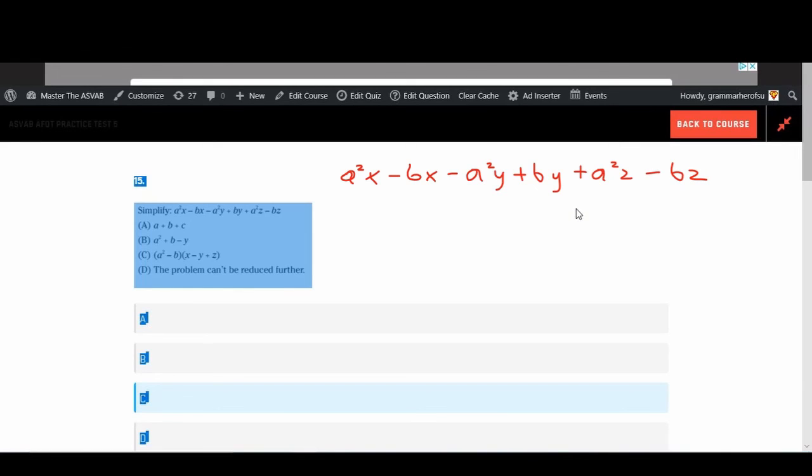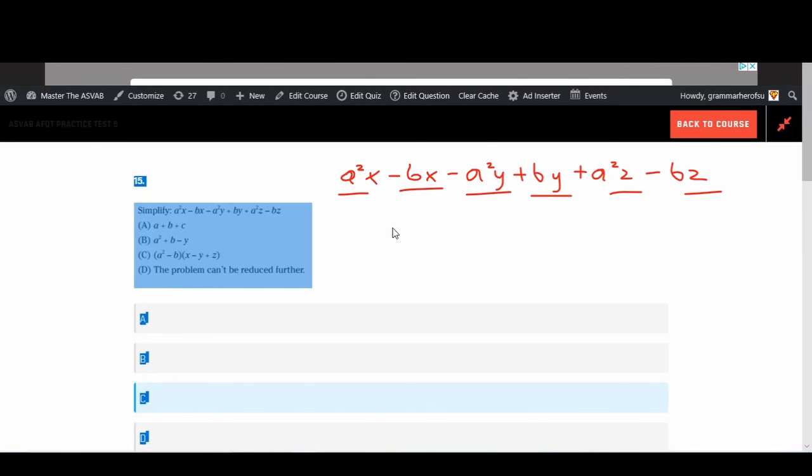So we have to figure out how to solve this one, and as it turns out, we're going to solve this one using factoring by grouping. So right away I notice a squared, a squared, a squared, bx, by, bz.